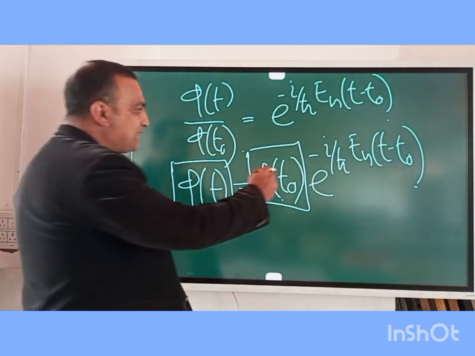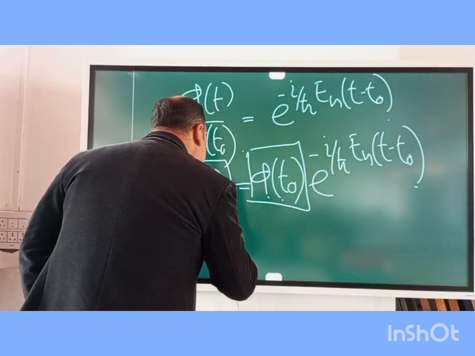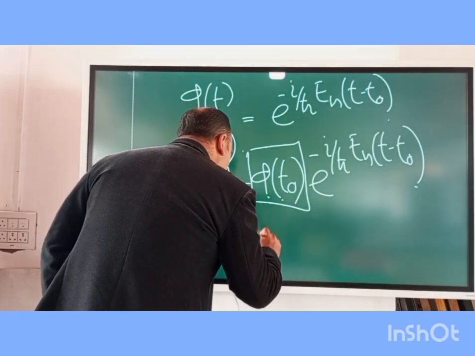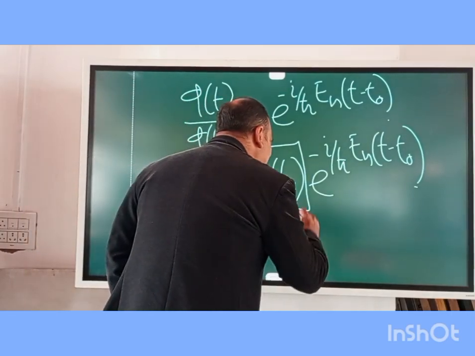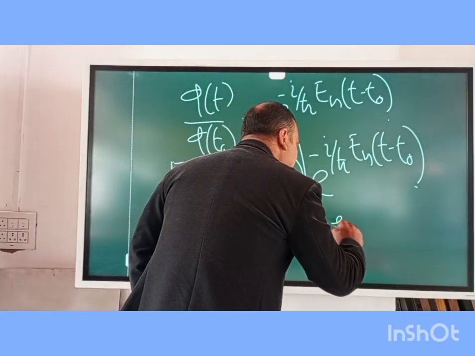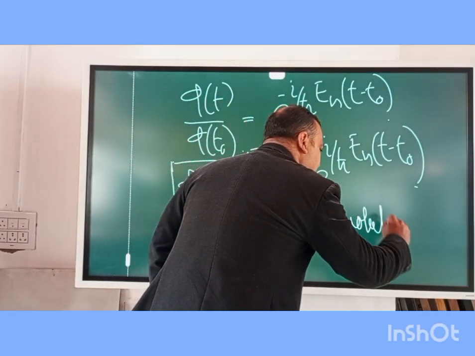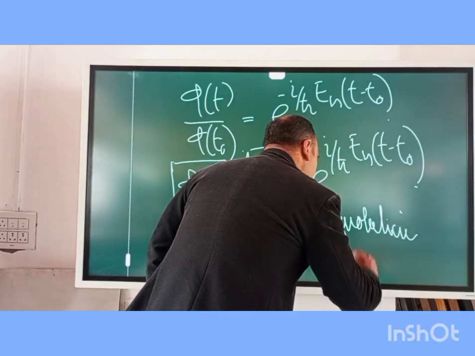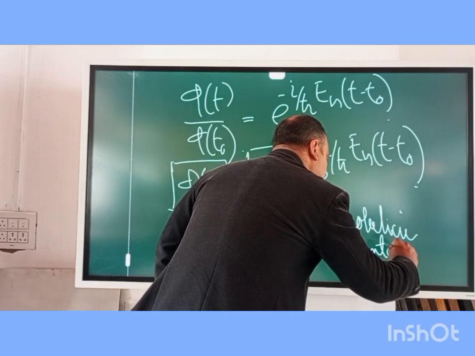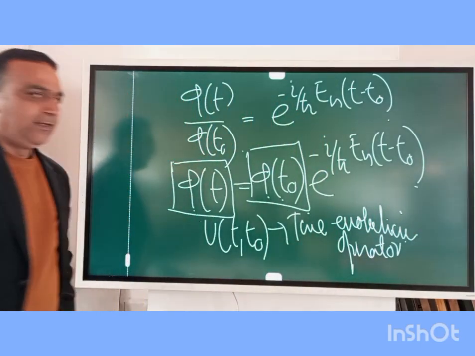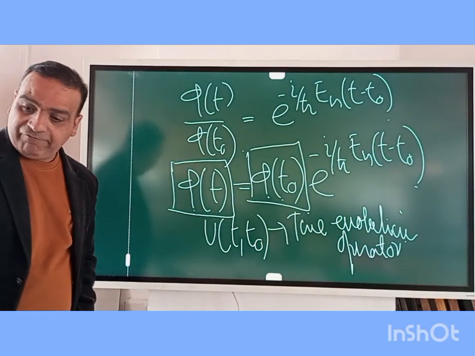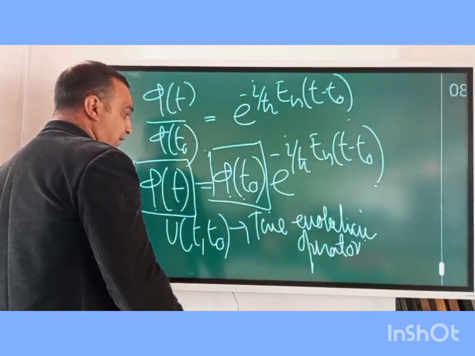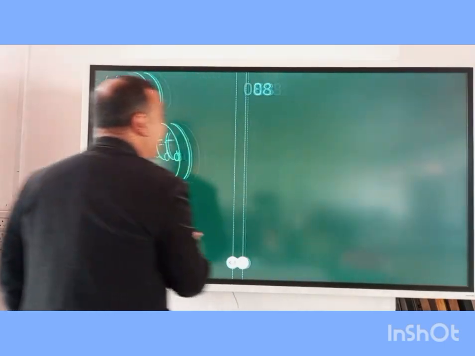Clear? So this is represented as U(t, t₀). And this U(t, t₀), we call it the time evolution operator. So what have we obtained?